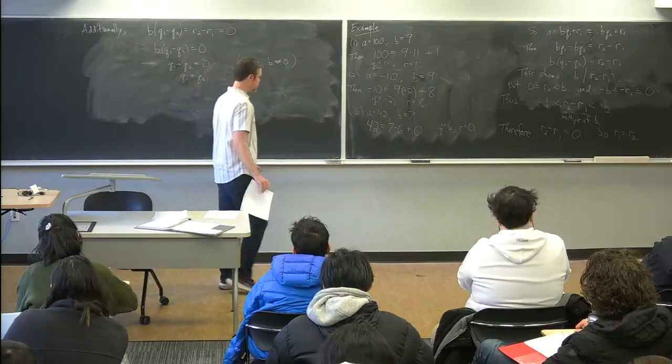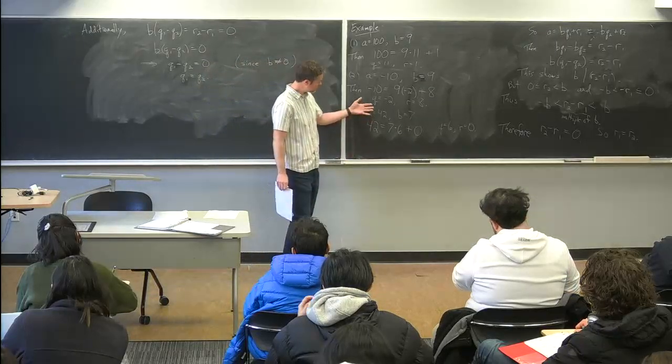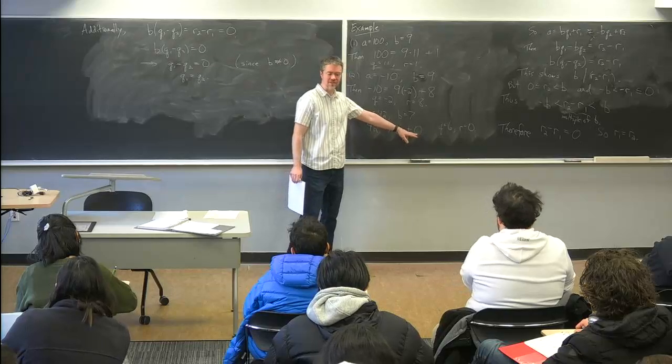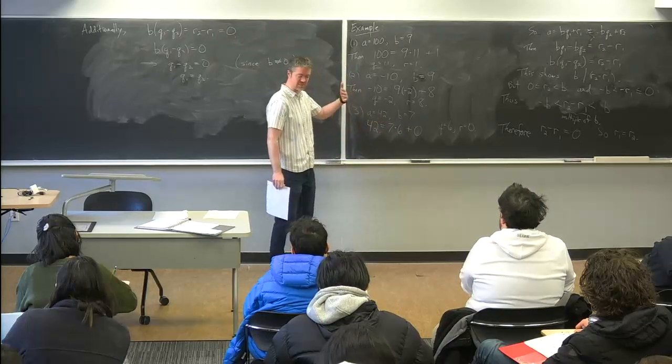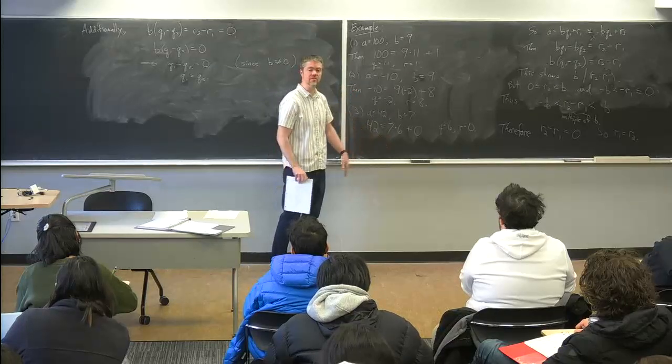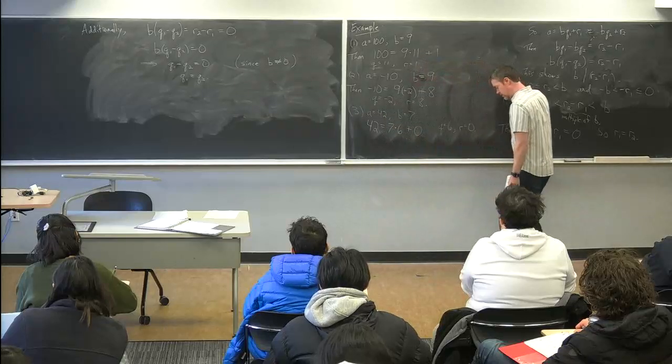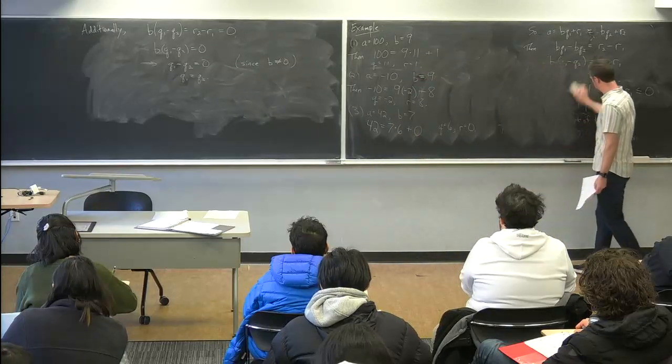And just a small point to be made is that this situation is characterized by the fact that there's zero remainder. The divisor divides evenly into the dividend if and only if the remainder is zero. Okay, so let's just leave that as a little comment here.